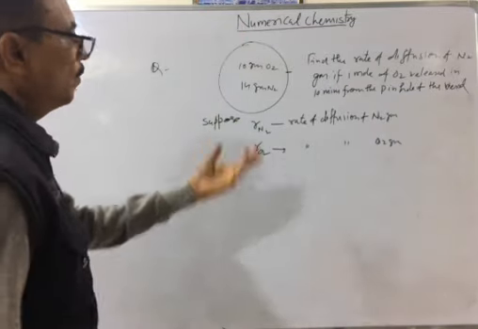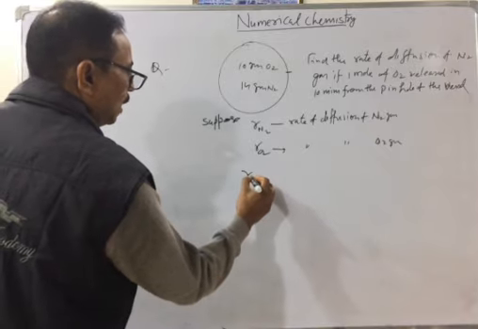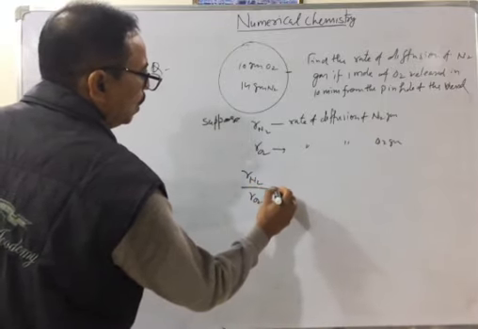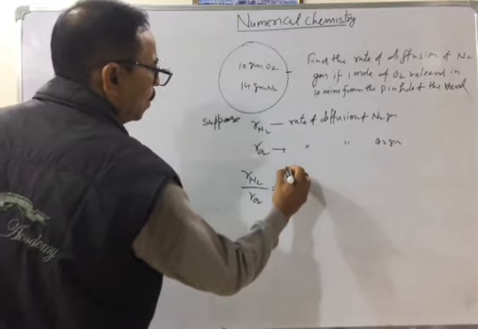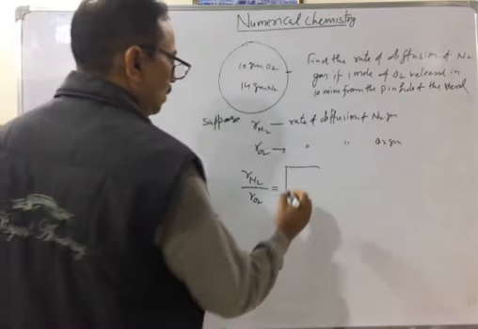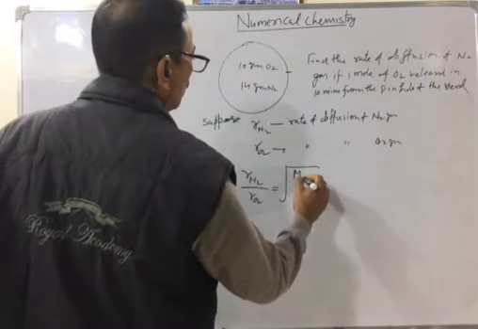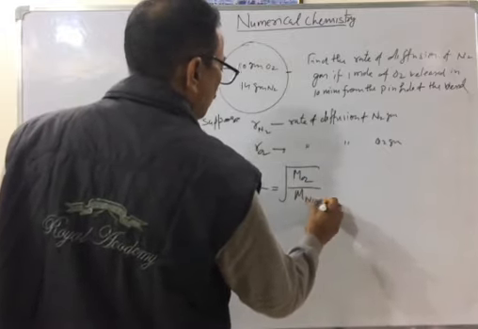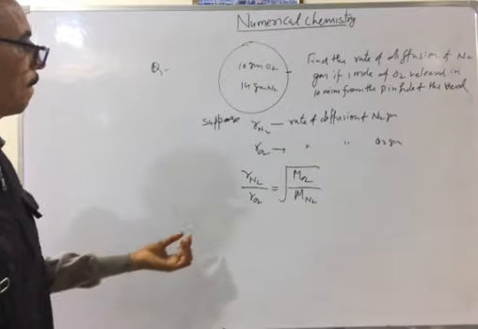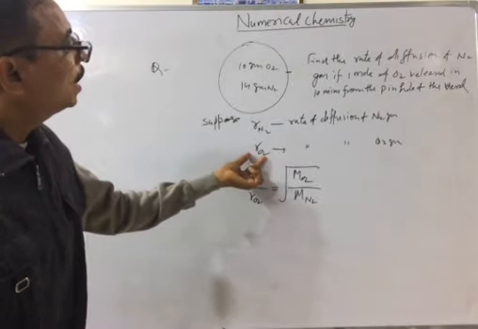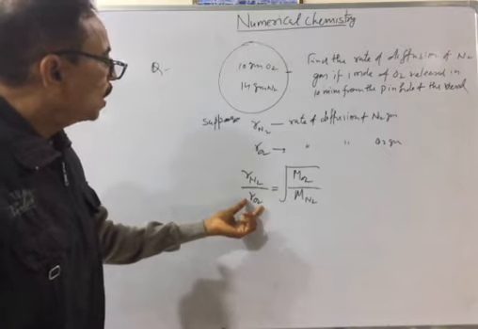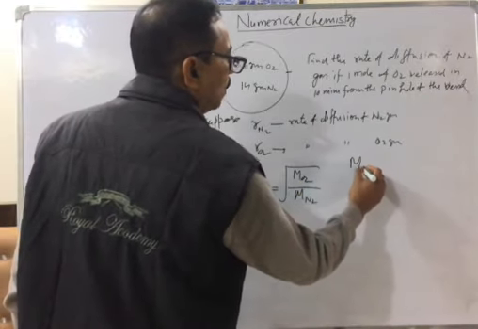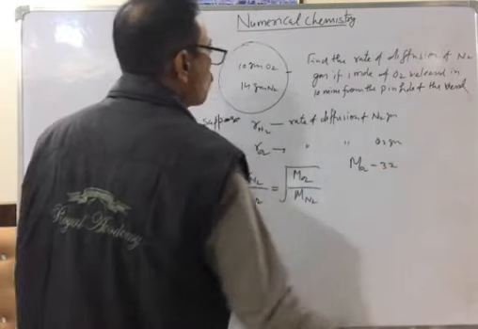So we know RN2 divided by RO2 equal to square root of molecular weight of oxygen divided by molecular weight of nitrogen, from the previous relation. We know the molecular weight of oxygen. Molecular weight of oxygen is 32.